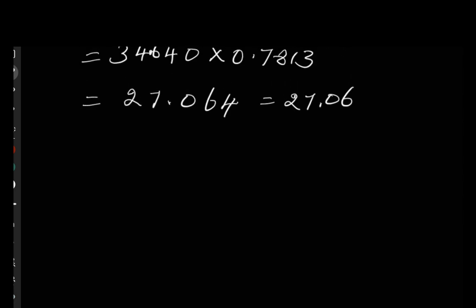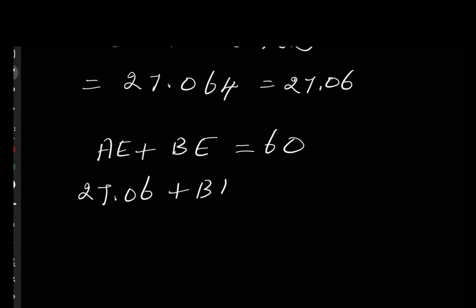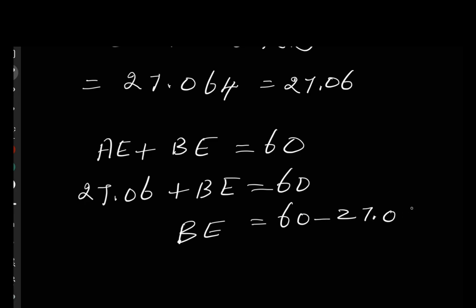So I got AE as 27.06 plus BE is equal to 60. So BE is equal to 60 minus 27.06.